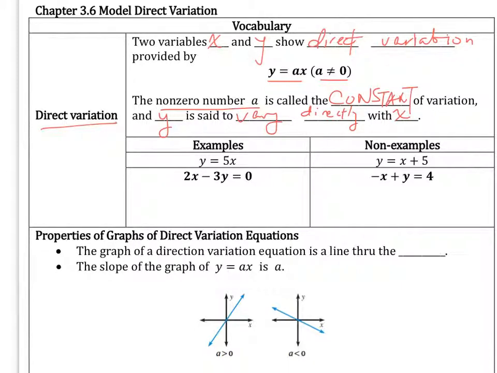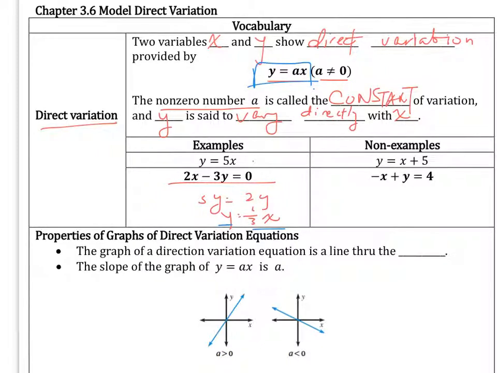y equals 5x. That's a direct variation. 2x minus 3y equals 0 is also a direct variation. As you can see, it follows this format, y equals ax.